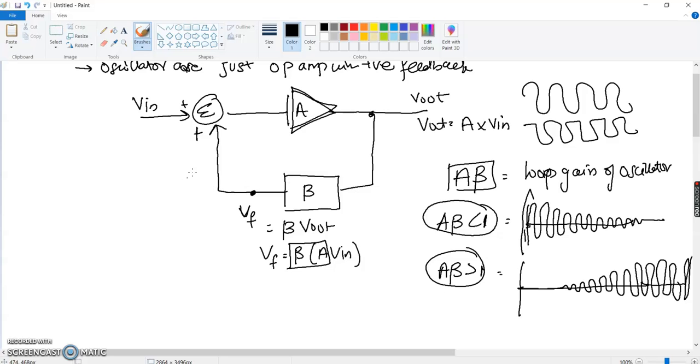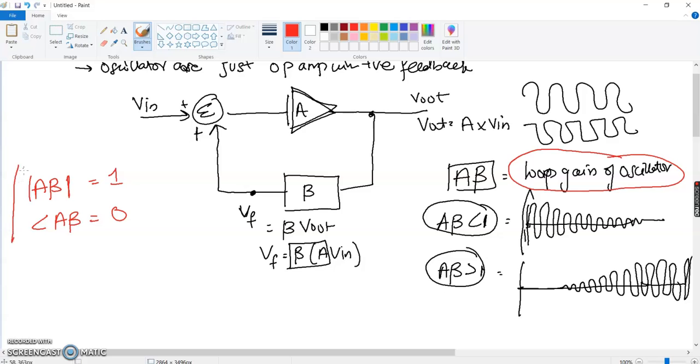In order to have the stable output, we would always need that the magnitude of A beta, the loop gain of the oscillator, should always be equal to 1, and the combined phase shift should be equal to 0, right? This is the condition that should always be met in order to have a stable oscillator. And there is a specific name for these conditions. It's called the Barkhausen criteria.